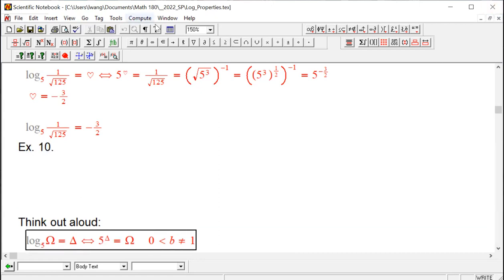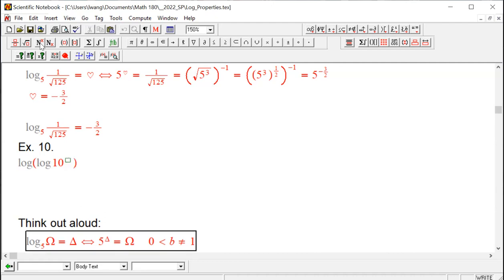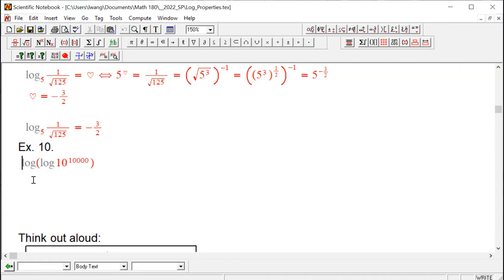This time you have layers: the common log of log base 10 raised to the power of 10,000, equals what? In this case, we do it from inside out, so the outside waits for the inside getting simpler.